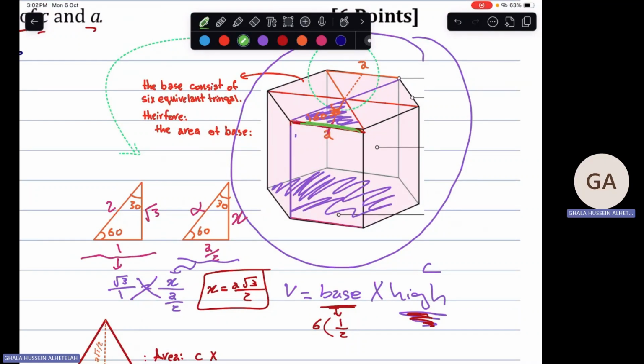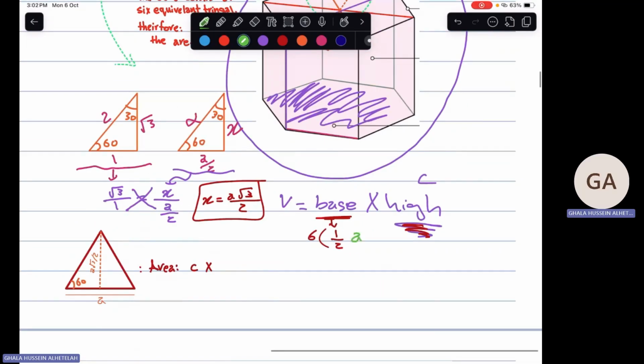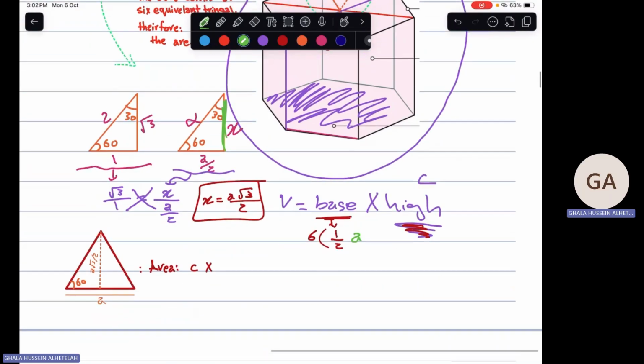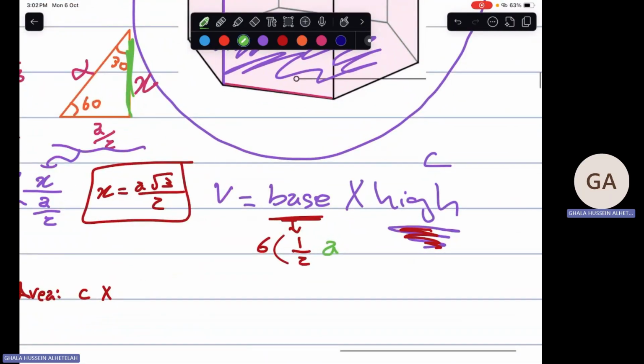Okay, let's do it in another color. This is the base, which represents a, multiplying by the height, which represents the x. We just found it. Okay, multiplying by a square root of 3 over 2.